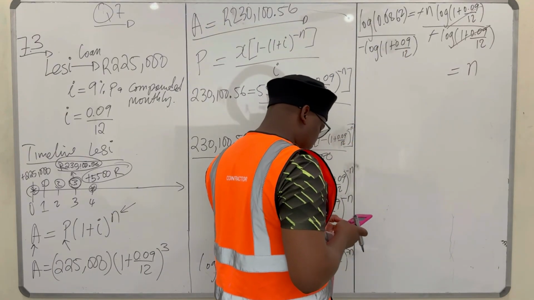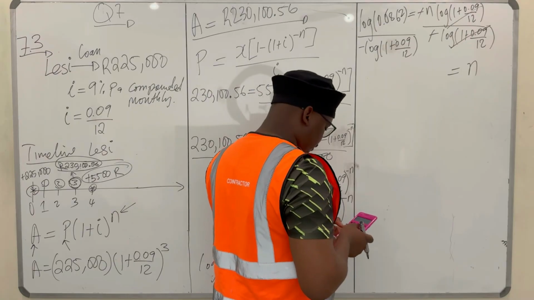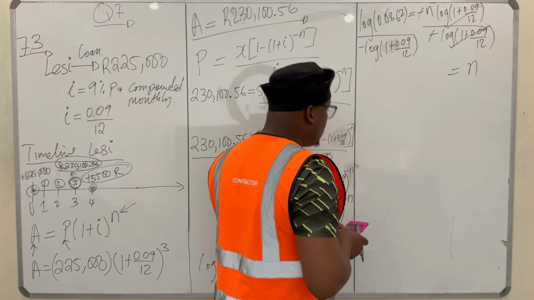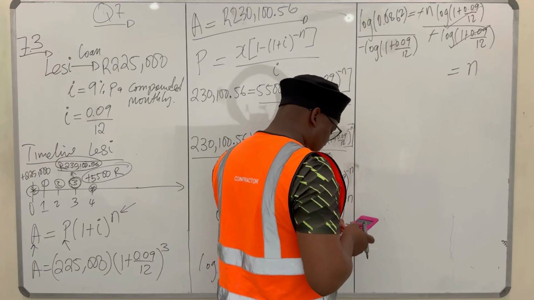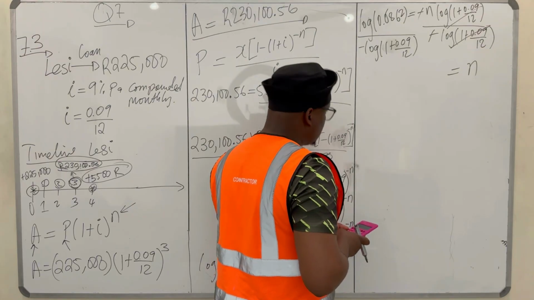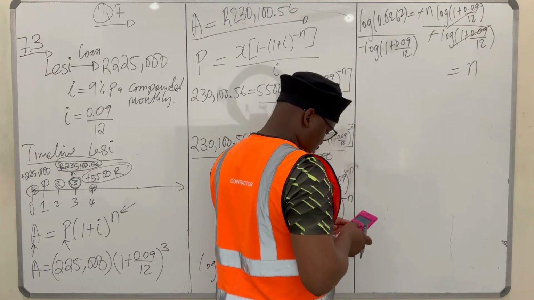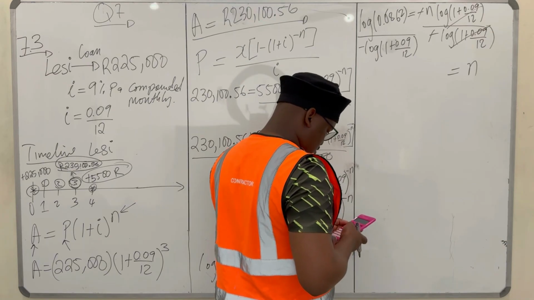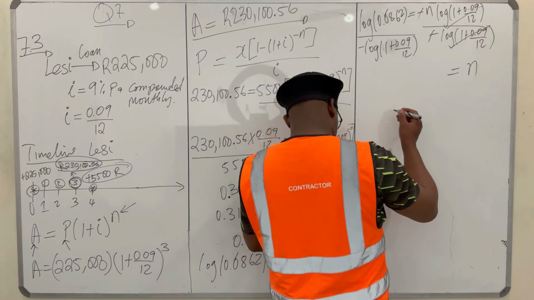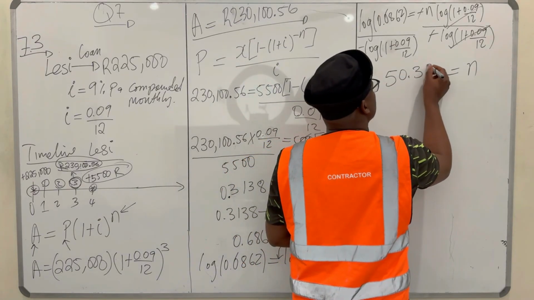Find the answer to that. Say the log of 0.6862 over the negative log of (1 plus 0.09 over 12). You get that your answer n is equal to 50.39.